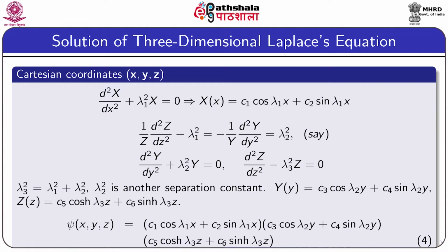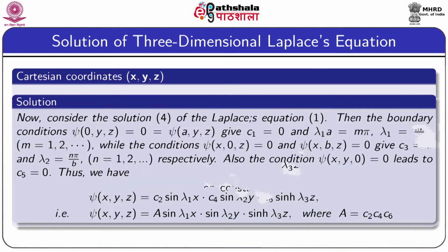Now, sin lambda 1 a equals 0 implies lambda 1 a must be equal to some m into pi, where m is some positive integer. From here we get that lambda 1 can take the values m pi by a, where m is a positive integer.